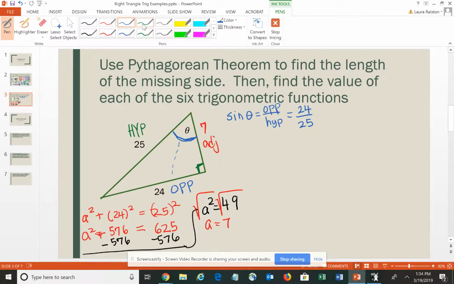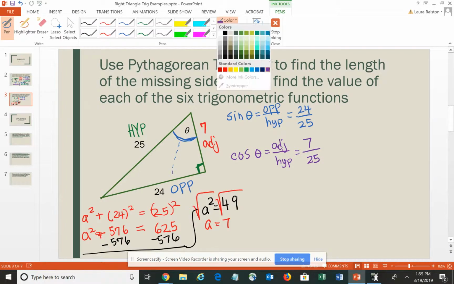However, that particular fraction does not simplify, so I just leave it alone. Then we have cosine. The cosine of theta is the adjacent over the hypotenuse, which is 7 over 25. Again, that particular fraction does not simplify.